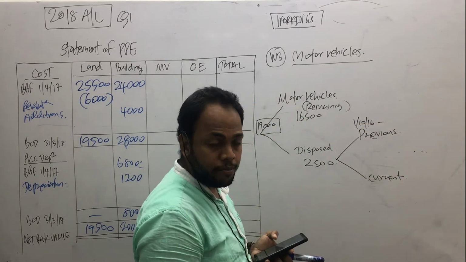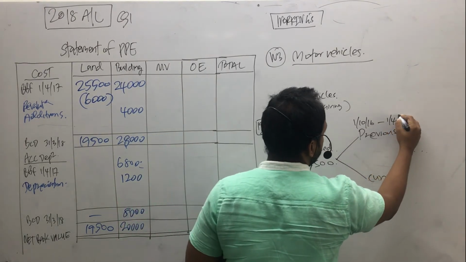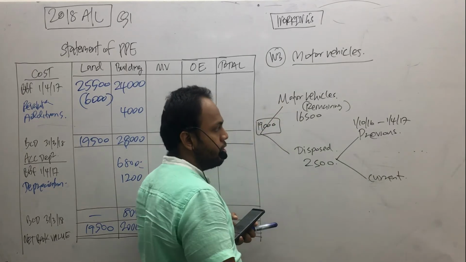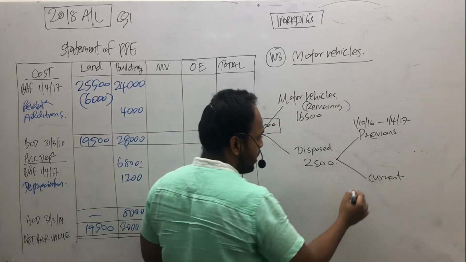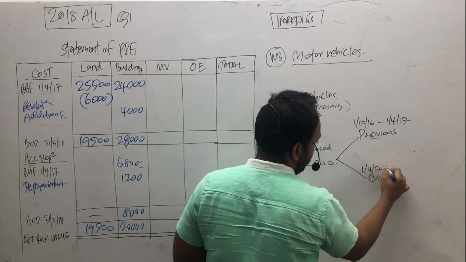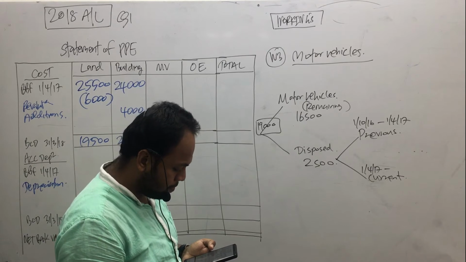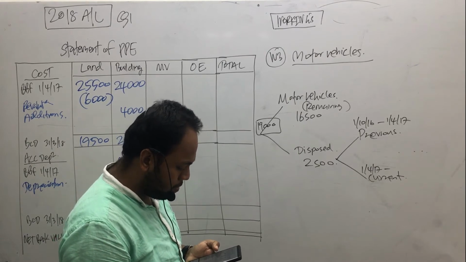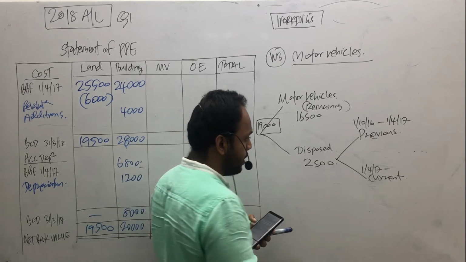Previous depreciation means from 1st of October to the beginning of the current financial year, 1st of April 2017. And the current financial year starts from 1st of April 17, and this was disposed on 31st March 2018.